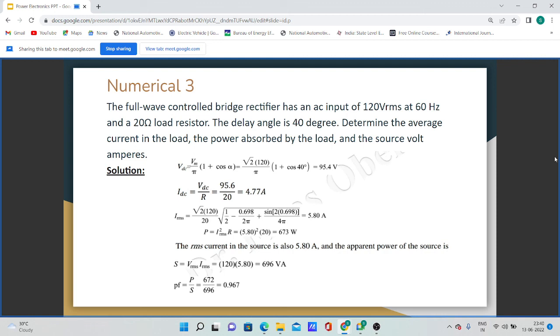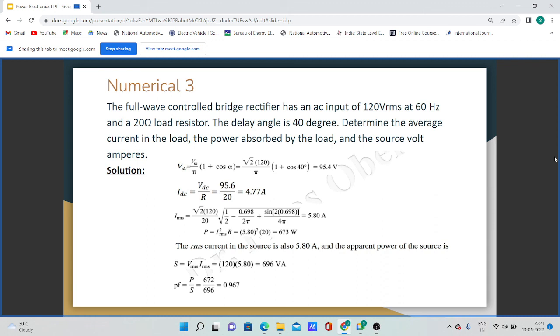As in the earlier slide we have seen the formula for VDC. You need to just place the value of alpha, 40 degree, and the value of Vm, 120 into root 2, and we will get 95.4 volt. IDC is equal to VDC by R, and it is found to be 4.77 ampere.